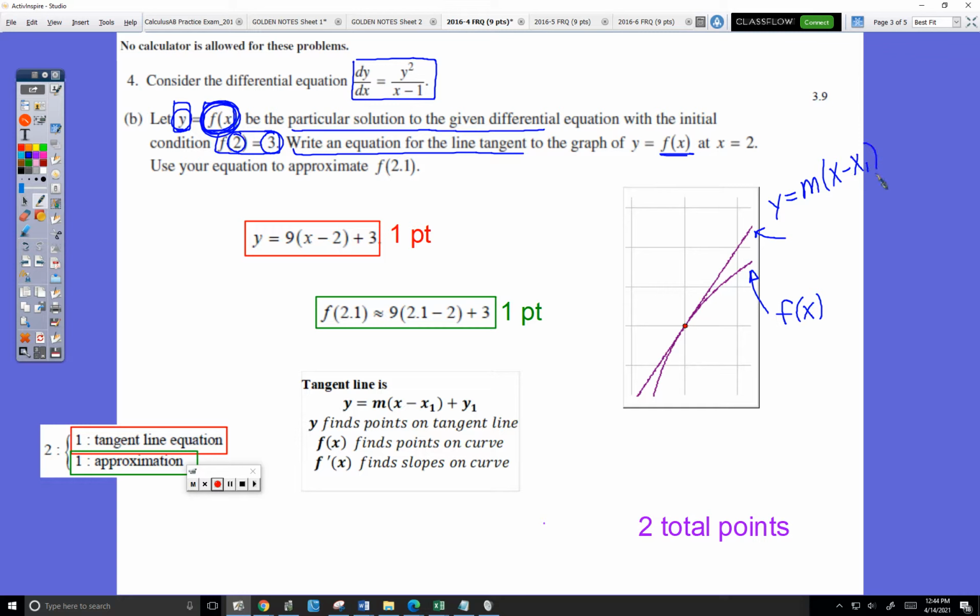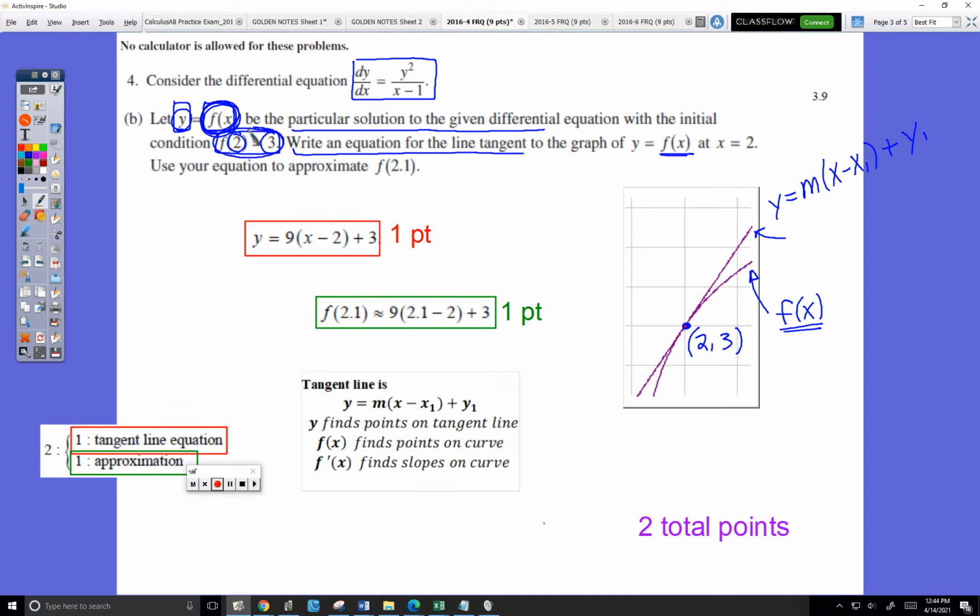That's our format for that line. We know this point of tangency has to be the point x equal 2. And we know that on the graph of f, when x equals 2, the y-coordinate is 3. They told us that right there.